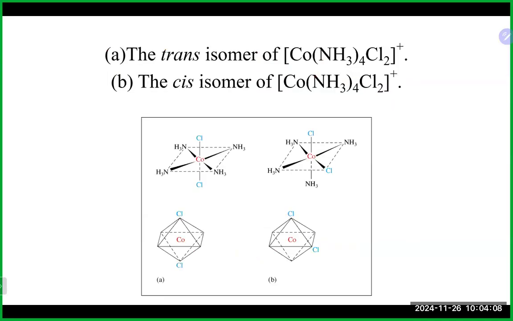We could also see it in more of an octahedral arrangement here with a coordination number of 6. The previous one was coordination number 4. And on the first one here, we have trans. And what we could see is if you think about this guy here as being the plane of the molecule, we have a chlorine above and below the plane of the molecule, and that is on opposite sides.